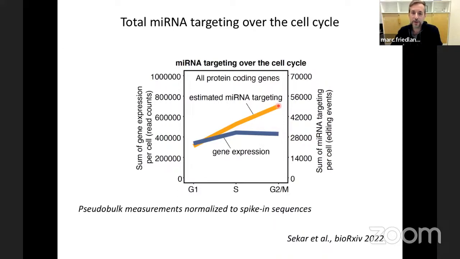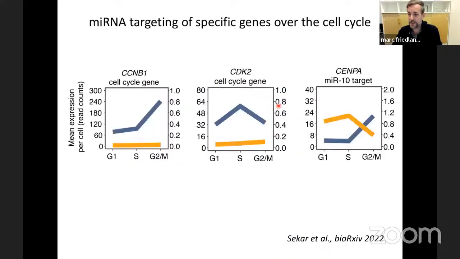So we can also do this at the level of individual genes. So we have these measurements and curves of gene expression and gene targeting by microRNAs for around all of the 10,000 genes that we can reliably measure.